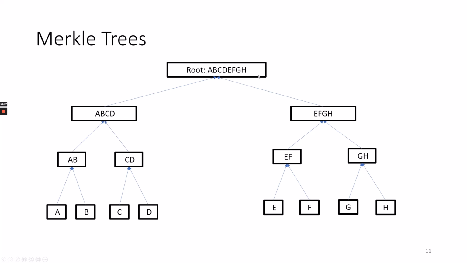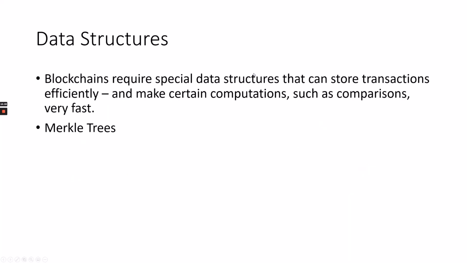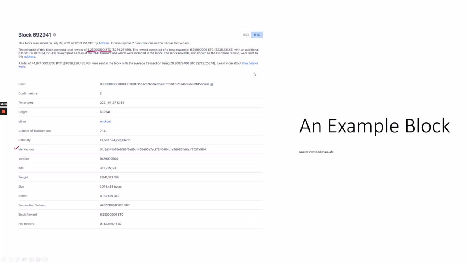Now this root, the final hash which represents all of the transactions in that block, this one hash value that we would get, is what is stored in the blockchain, as we've mentioned several times here: the Merkle root, as you can see in this real life block of the Bitcoin blockchain.